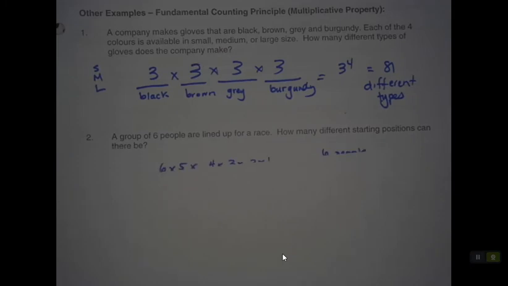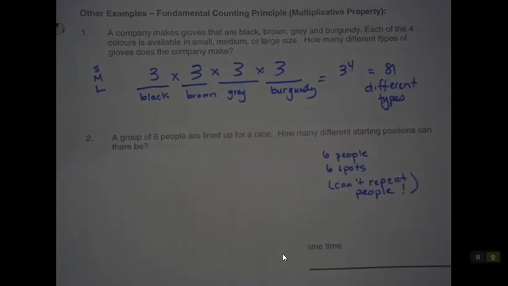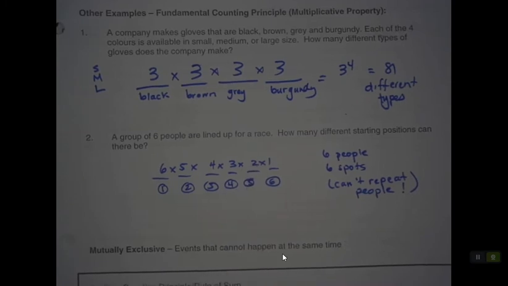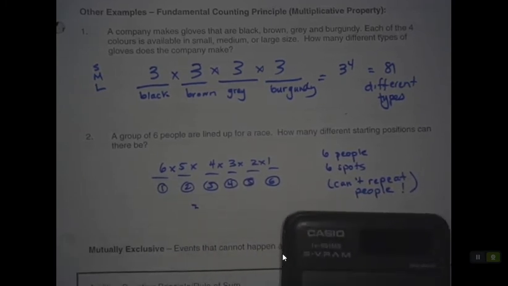So hopefully when you were looking at this, you made the decision that there was 6 people in 6 spots, all right? And we can't repeat people. So we can't have the same person in 2 different spots. So we put as many people in the first spot, and then it reduces by 1 each time. And then from there I can get my answer. So I can go 6 times 5 times 4 times 3 times 2 times 1.